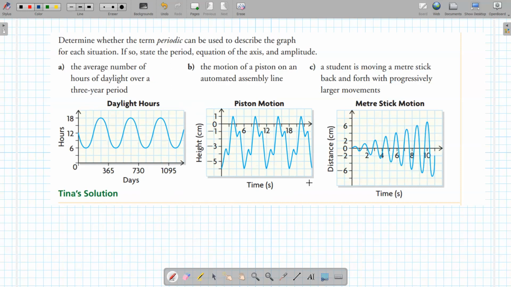Over time, it's getting bigger and bigger, right? It says right there, question C, what this represents. You're swinging a meter stick up and down. Initially, you're not going to get much movement, but the faster you swing, the more movement you're going to get.